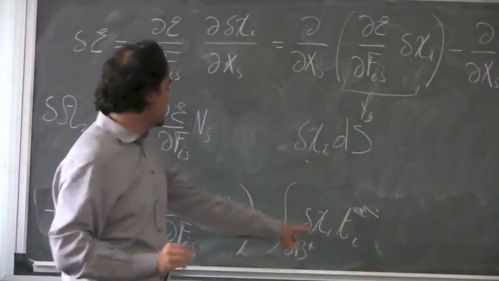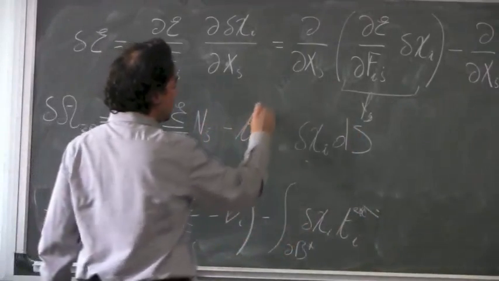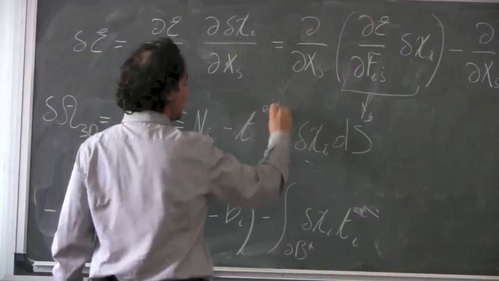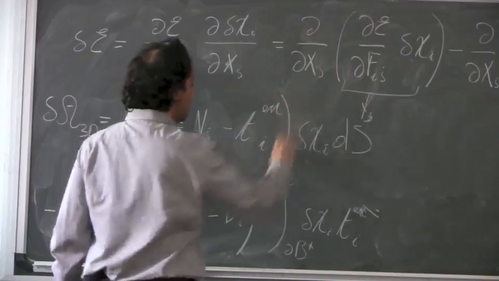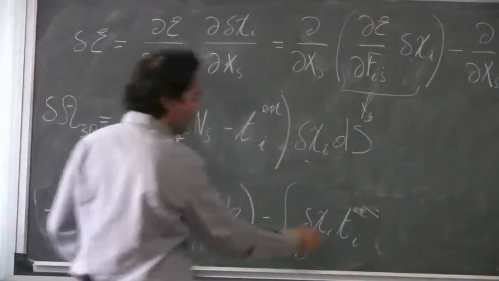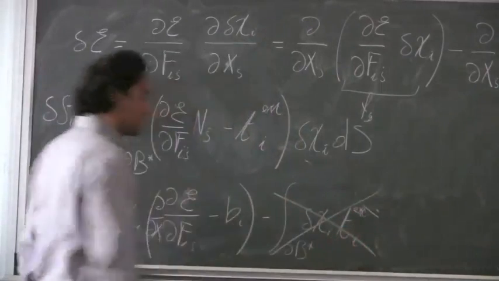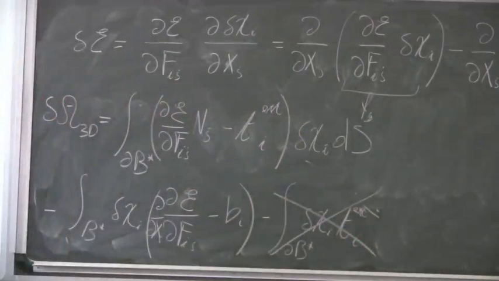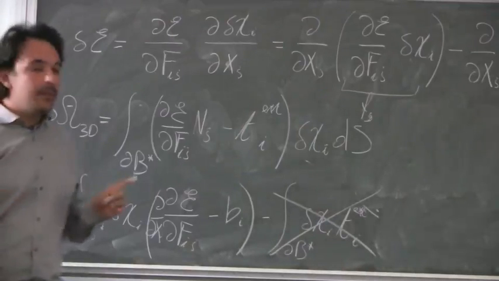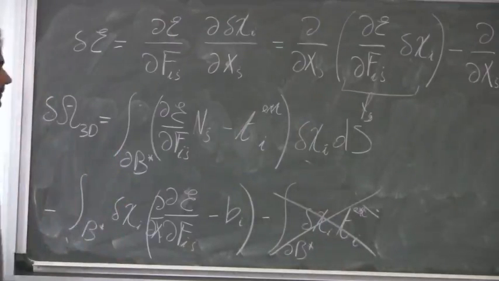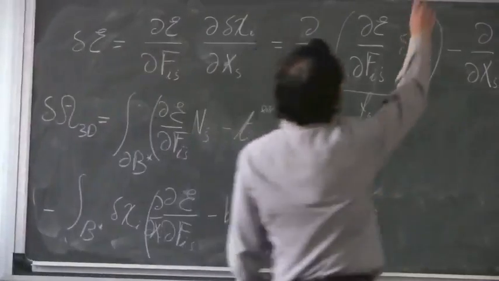And now I can say that this is minus tx i in parenthesis, and I have got rid of this. Now the reasonings are the same as before.